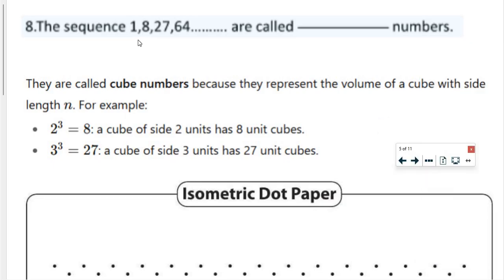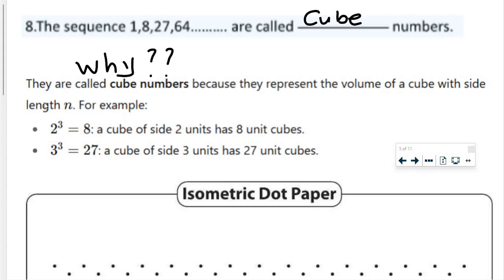These numbers here, 1, 8, 27, 64, are called cube numbers, are known as cube numbers. Why? Somebody can ask you a question. Why are these numbers 1, 8, 27, 64 called cube numbers?